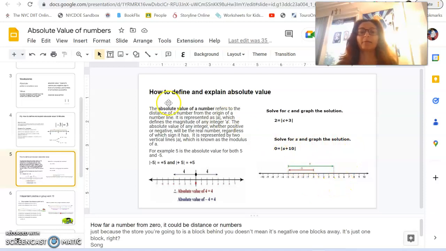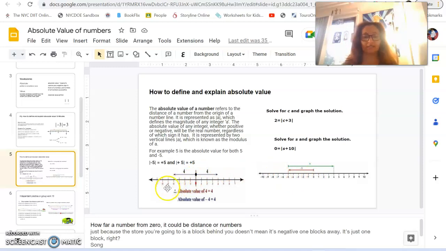So the absolute value is the distance, and the distance has to be positive. So if I count the distance from the 0 to the negatives, it is going to be -1, -2, -3, -4, -5, all negative, but this number has to be positive, and this is going to be the absolute value of a number.